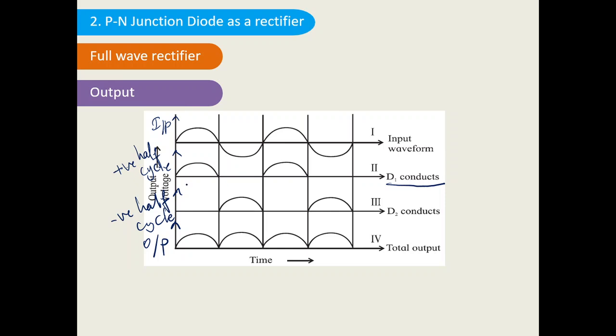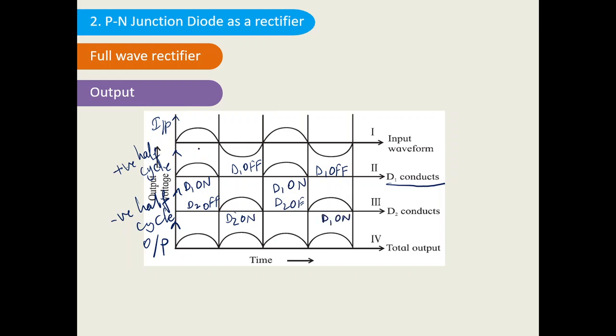Here D1 is on, and here D1 is off. In the case of the negative half cycle, D2 conducts. Here D2 is off, here D2 is on, here D2 is off, and here D1 is on.